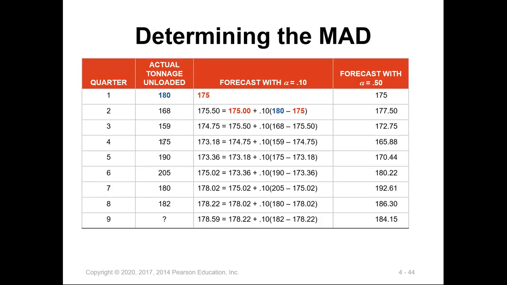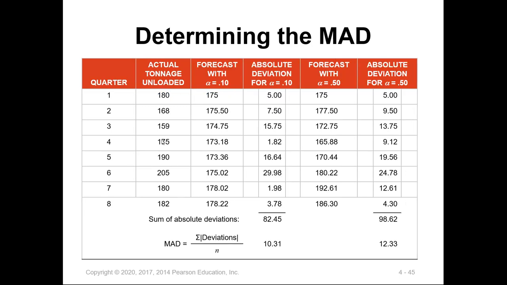The example in this slide shows the exponential smoothing forecast with alpha equal to 0.1 and with alpha equal to 0.5. Taking the absolute value of the actual minus the forecasted for both alphas, then finding the sum of all these values and dividing by n, we can get the mean absolute deviation.